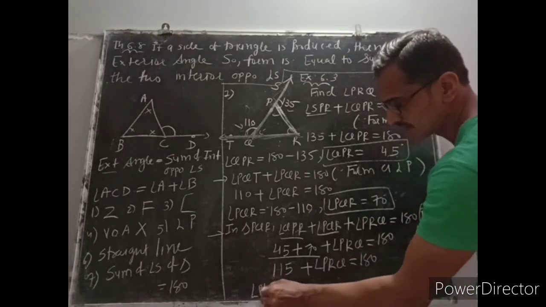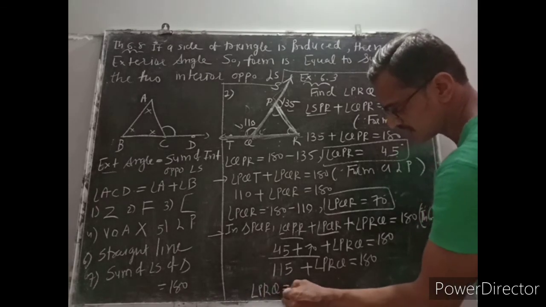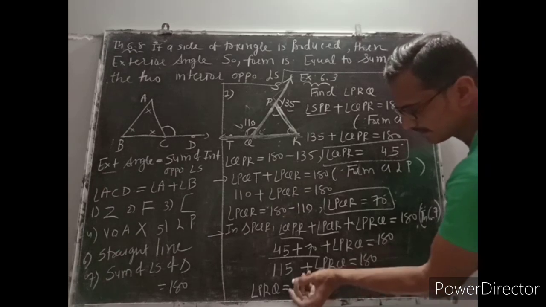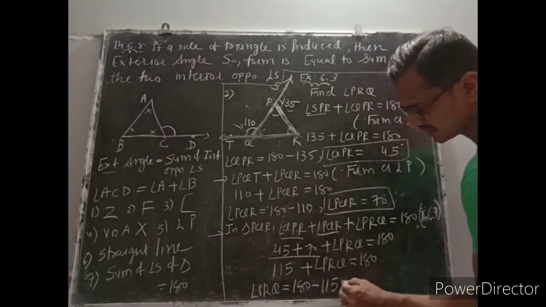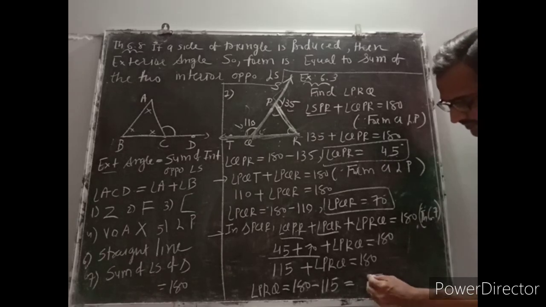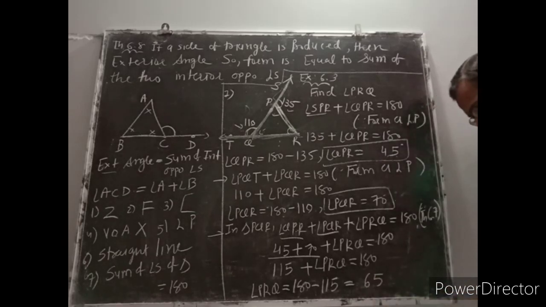So PRQ will be 180 minus 115, which is equal to 65, which is our answer. Go through it.